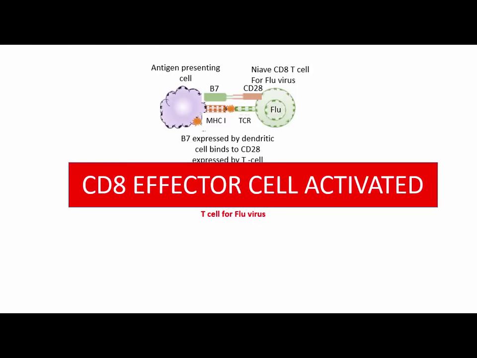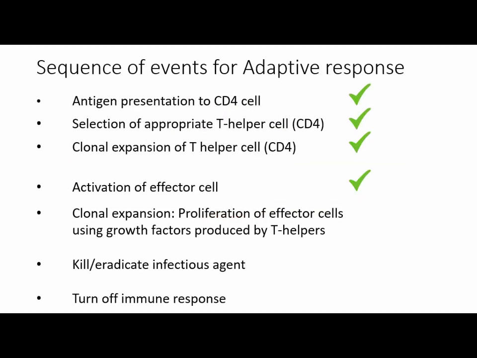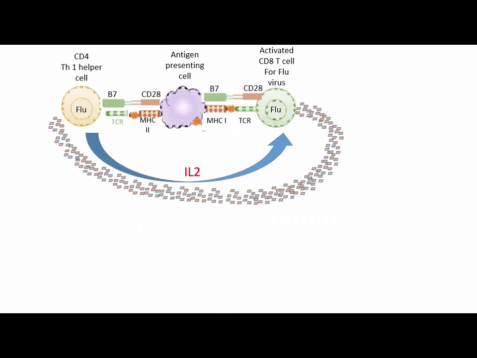Now we have activation of the CD8 cell. And it's the CD8 cell that's going to kill the pathogen. Now, we have activation of the CD8 cell, but we don't have sufficient numbers of it. So, it's the same process as before. But what happens here is this is where the help meets the effector cell.